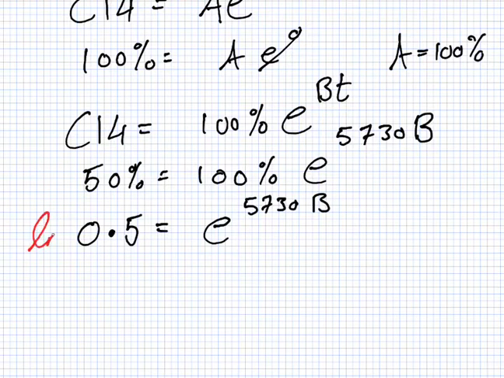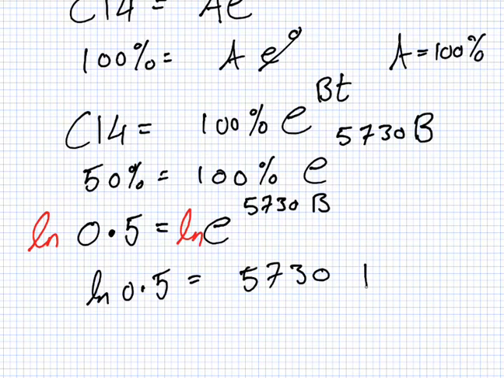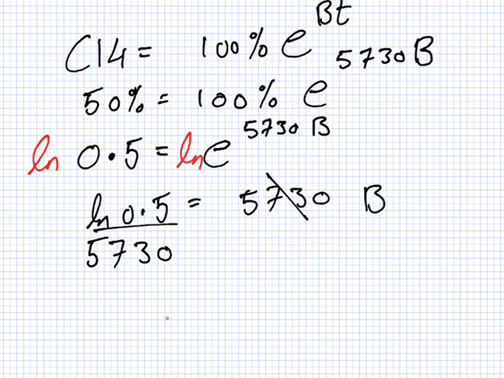Now if I put a log on both sides, I get log 0.5 equals 5730b. So can someone type that in please? It should be negative and it should be quite small. So what do we get for b? Minus 1?